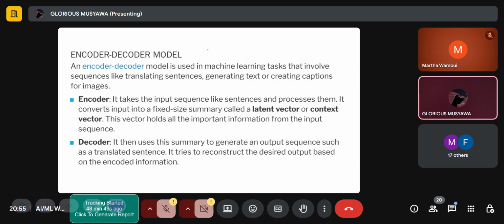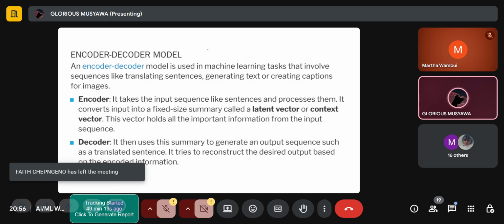And the encoder-decoder model, I think I've already explained, but here is more explanation. An encoder-decoder model is used in machine learning tasks that involve sequences, like translating sentences, generating text, or creating captions for images. The encoder takes the input sequence, like sentences, and processes it. It is supposed to understand the text, the context, the syntax, the sentiment.